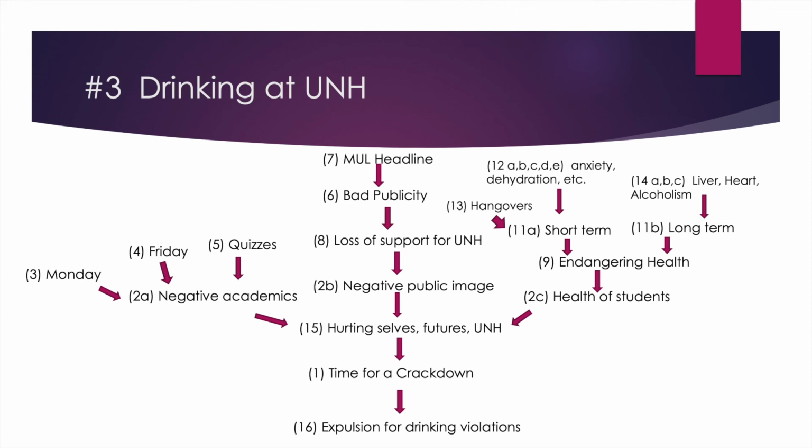So if you read this back, it would say, well, students aren't going to class on Monday, they're skipping class on Friday, they're taking quizzes drunk. All of this is evidence that drinking has a negative impact on academics, which proves that students are hurting themselves, their futures in the university, which shows it's time for a crackdown, which means there should be expulsion for drinking violations, right? So that would be the academic argument.